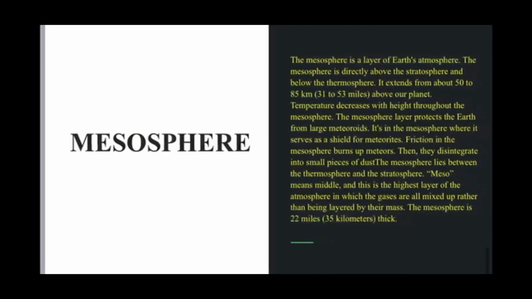Therefore, friction in the mesosphere burns up the meteors. When a meteor falls, there is a large amount of friction present in the mesosphere which burns up the meteors. Then they disintegrate into small pieces of dust.